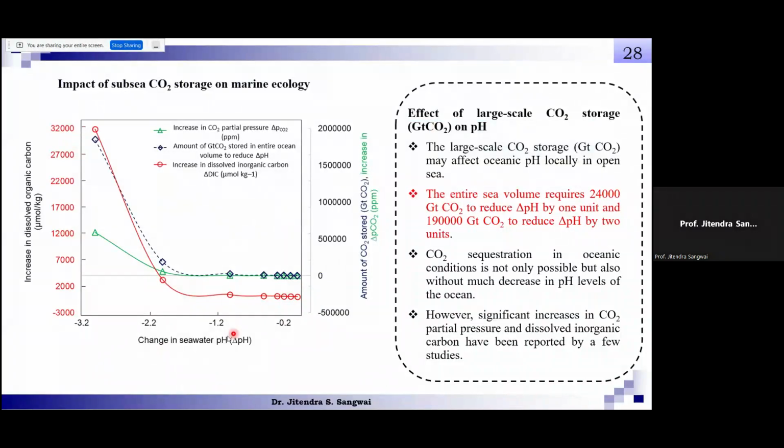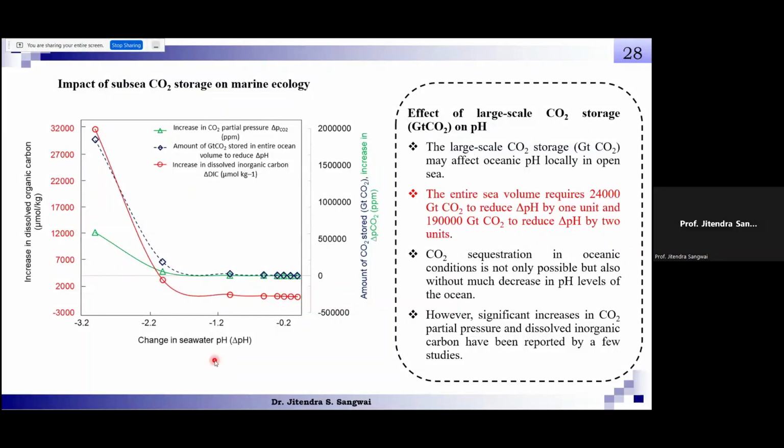What will happen to the pH? Yes, if you do not do this properly, and if the CO2 ends up leaking into the ocean water, the local pH may change, which you do not want. So more care must be taken. However, if you look at the overall capacity of carbon dioxide injection into the ocean, it's huge.